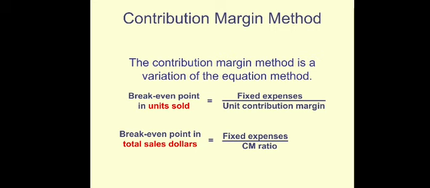If you want to calculate break-even point in units, the formula is fixed cost divided by unit contribution margin. If you want to calculate break-even point in terms of dollars, the formula is fixed cost divided by the CM ratio.